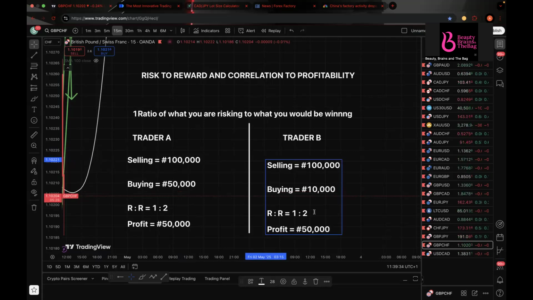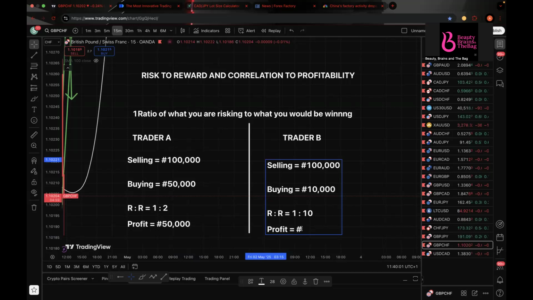Instead, he's buying from China for 10,000 naira. He's not buying from an online vendor in Port Harcourt who already added his own profit. He's buying directly from China for 10,000 naira. So his risk to reward ratio now is 1 to 10, because he's risking 10,000 to make 100,000 naira.